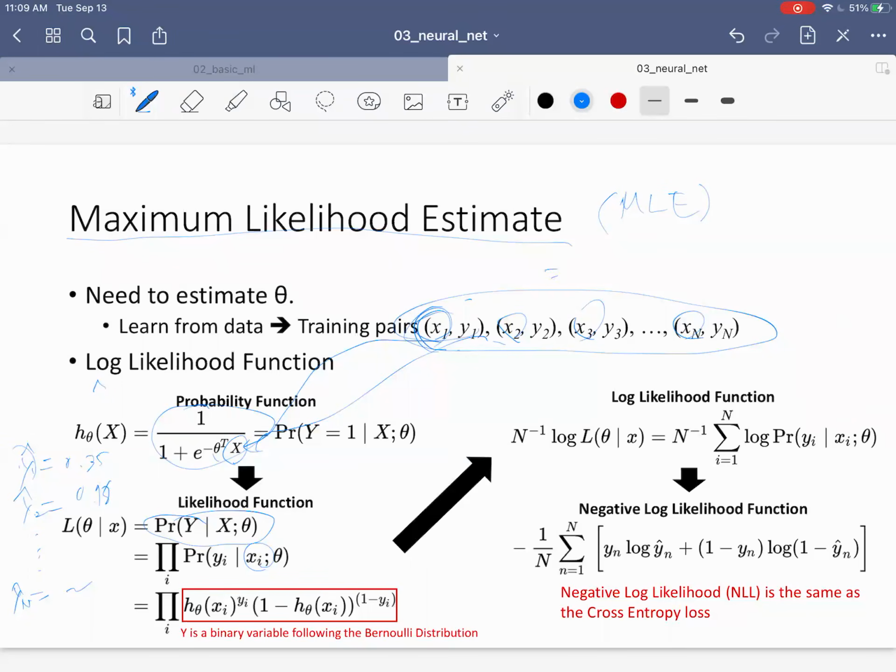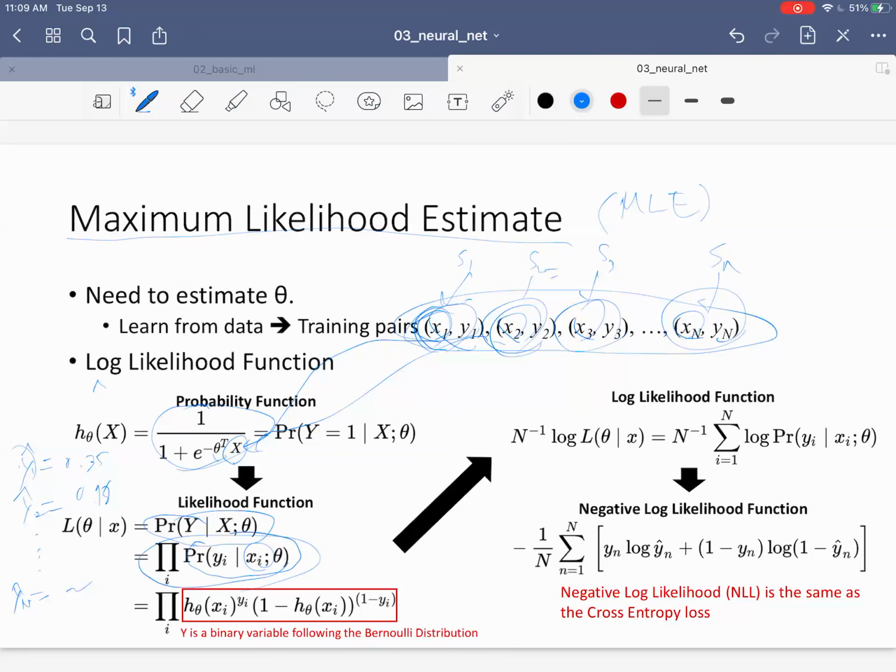And since all these samples, sample 1, sample 2, sample 3, all the way to sample n, are independent, because we always assume that the samples in the training set are IID, independently identically distributed, the joint probability of seeing all these data at the same time is simply the product.